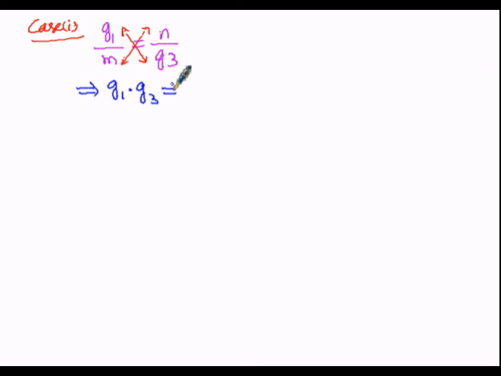Here I have cross multiplied, this is case number 1. In case number 1, when we cross multiply, G1 into G3 is equal to M into N. So that implies G1 G3 is equal to Mn. Let us write this as equation number 1 from the first case.